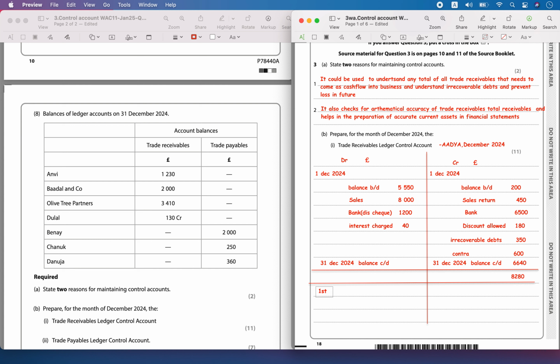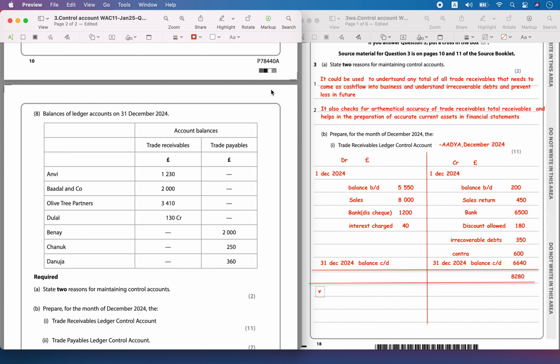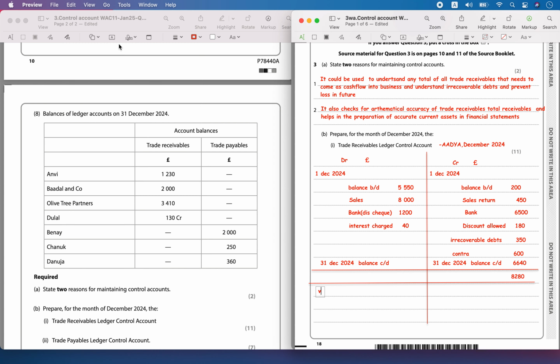On 1st January 2025, the balance brought down would be 6640, and this balance would have been 130 on credit.